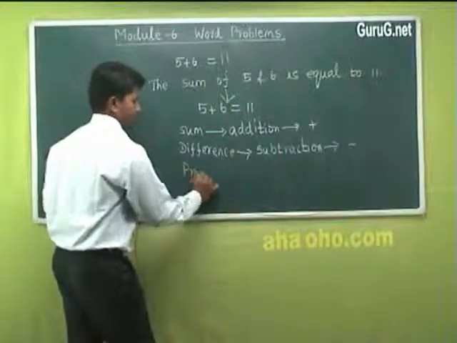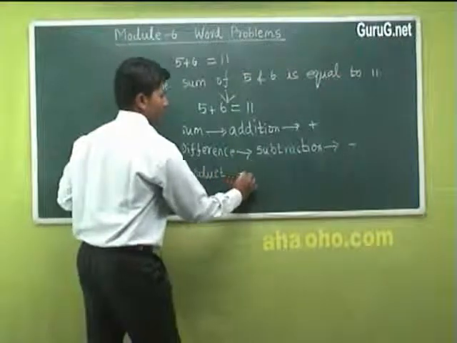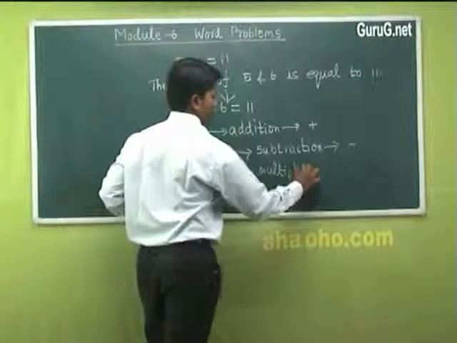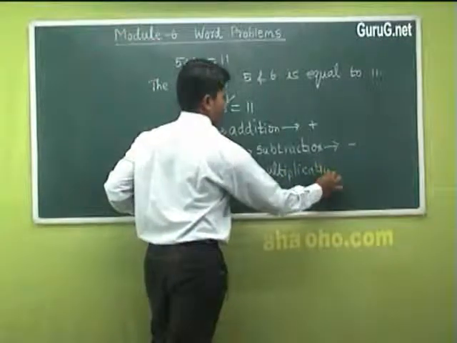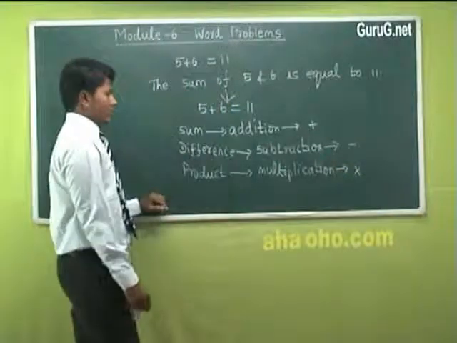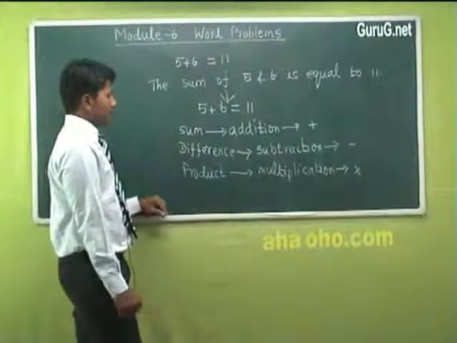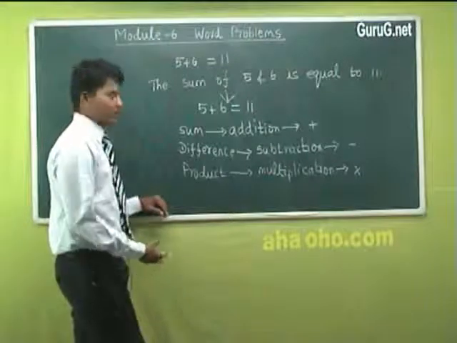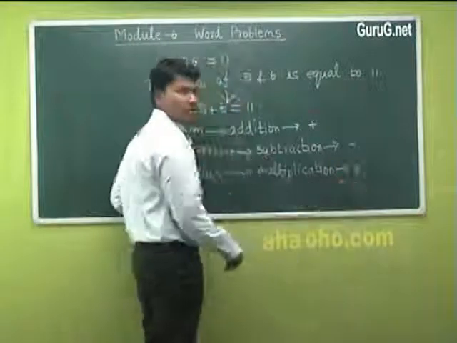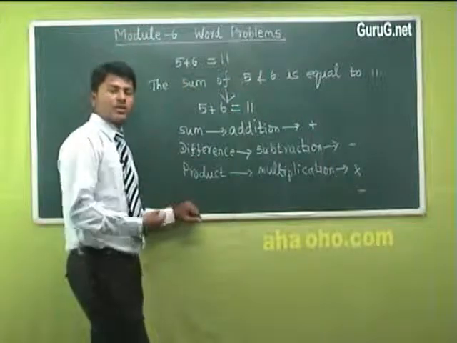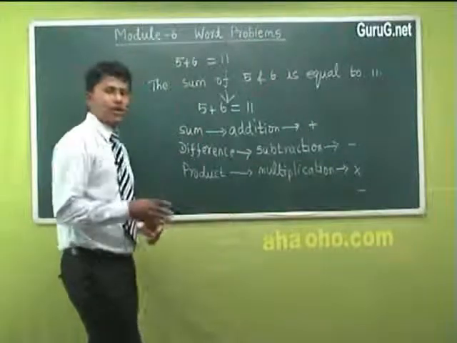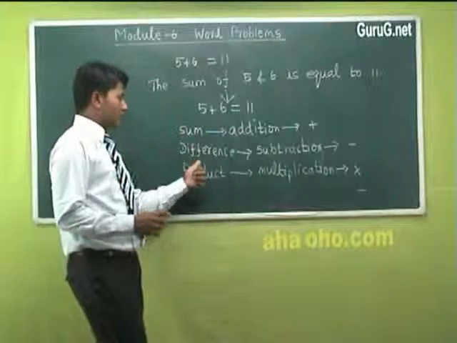Product, multiplication. Then finding the quotient is nothing but division, which is represented by the division sign. Finding the quotient or finding the remainder is a division operation. But the most common type of operations that you would encounter is sum, difference and product.